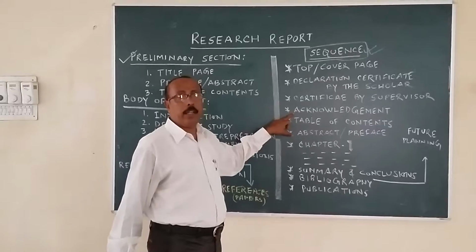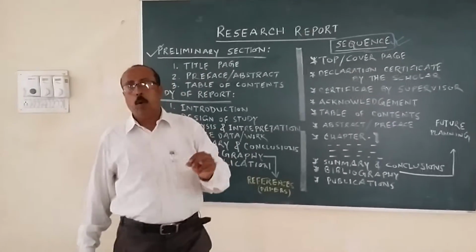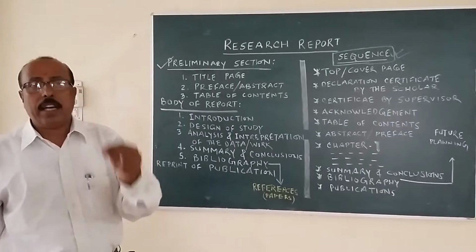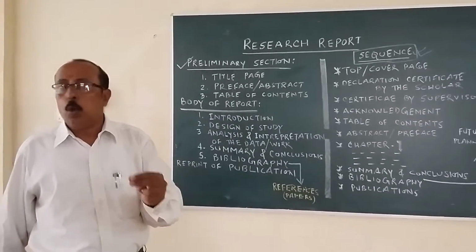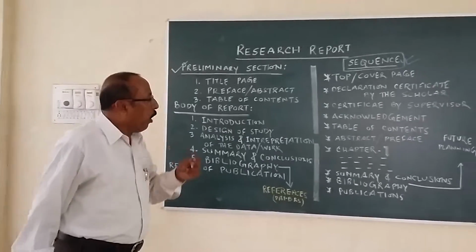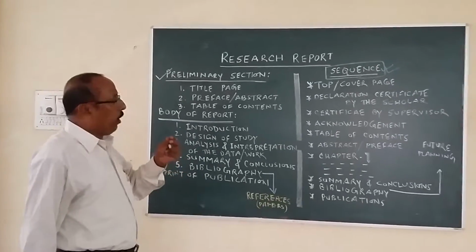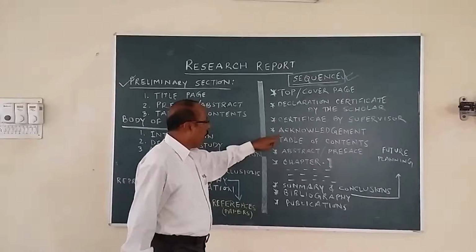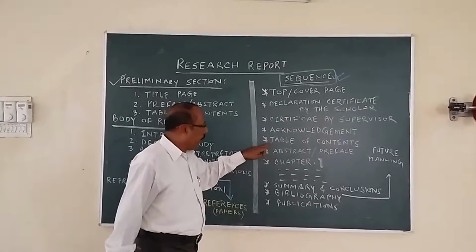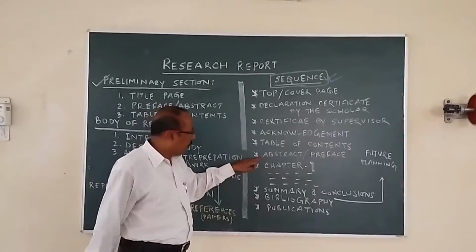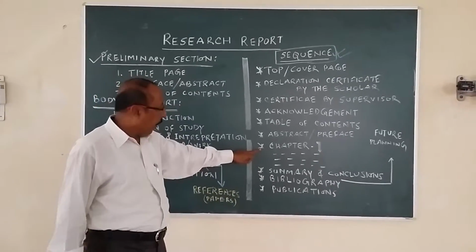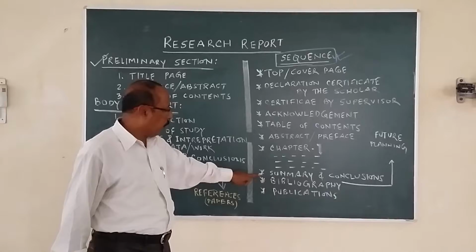Next, the acknowledgement, in which you thank your guide, parents, research director, and those who were involved in your research. Next the table of contents, then abstract or preface, then chapterization 1, 2, 3, 4, and last the summary and conclusion.